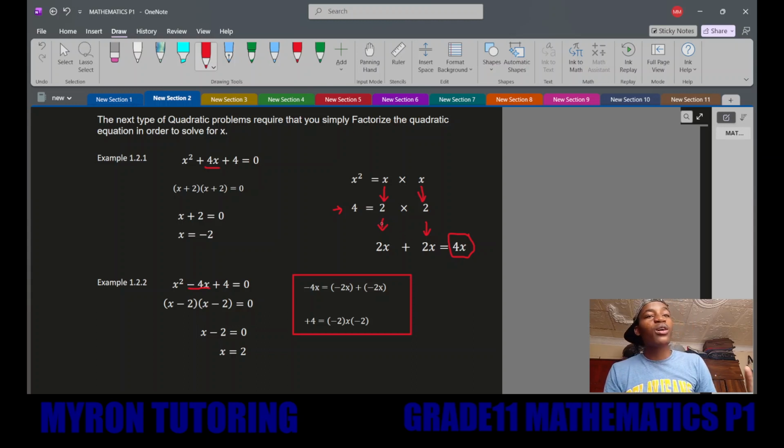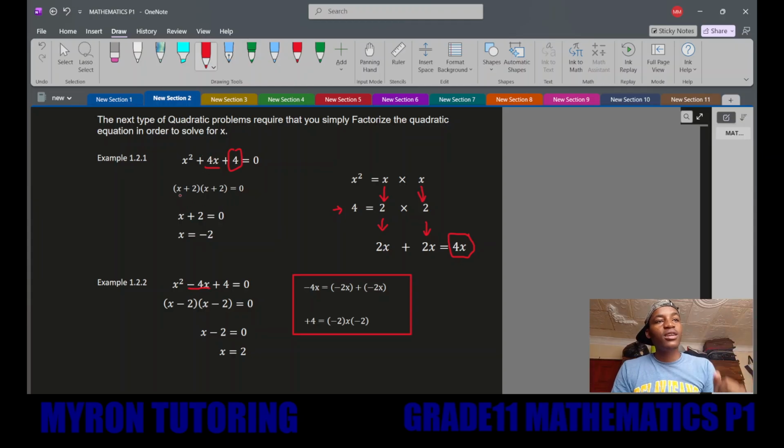So by factorizing 4 to be 2 times 2, we have already found out that you can actually add 2 and 2 to give us the middle term, which is 4x, which is the most important thing when you're factorizing. You are trying to find what factors of 4 can I add to give us the middle term, which is 4x.